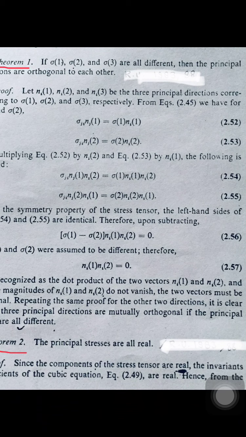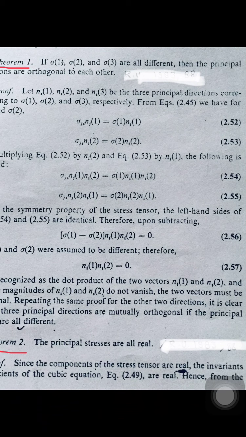What we are seeing here is that equation 2.52 is only in 1 and 2.53 only in 2, so not in a comparable form. So we multiply in a different mode: equation 2.52 multiplied by ni2 and equation 2.53 multiplied by ni1.